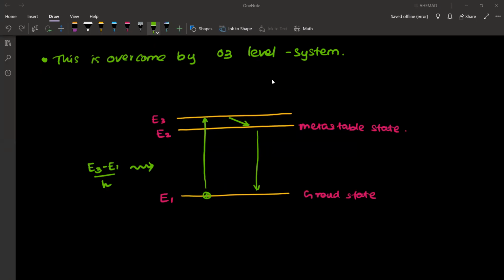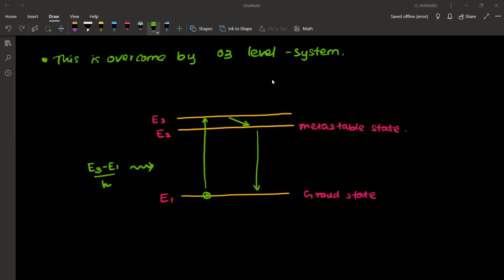I mentioned E2 as the first level, E3 as the second level. So from the ground level, using this frequency, it will go to the second level.